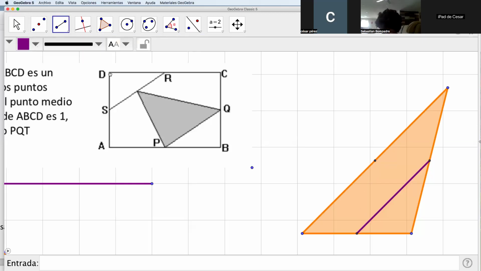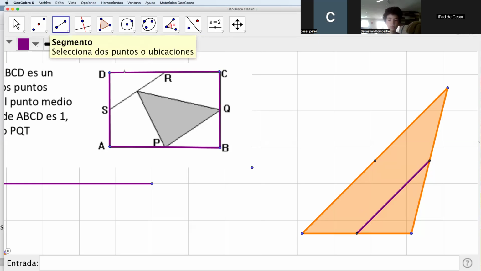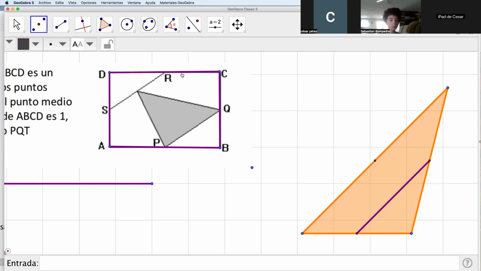Okay, let's draw this. And these are the midpoints. And we draw this one. And here we have another midpoint on the other.